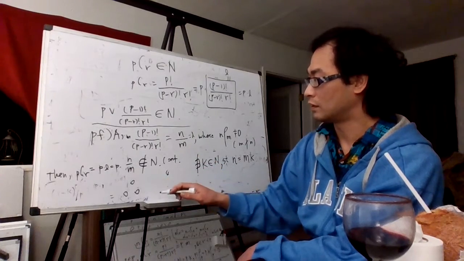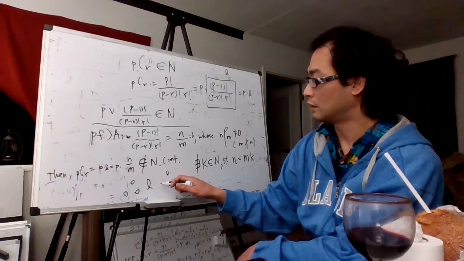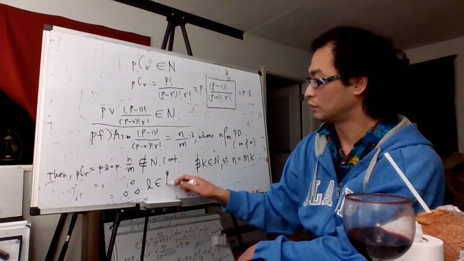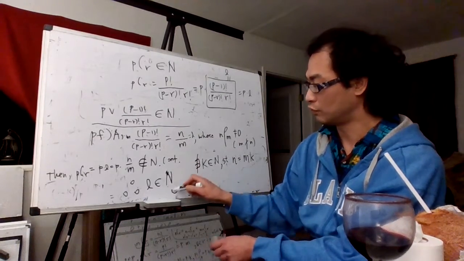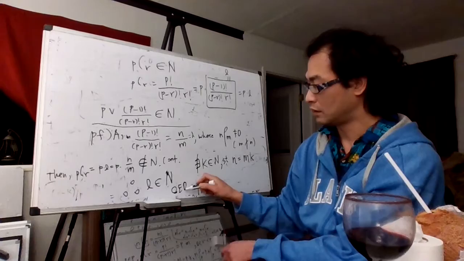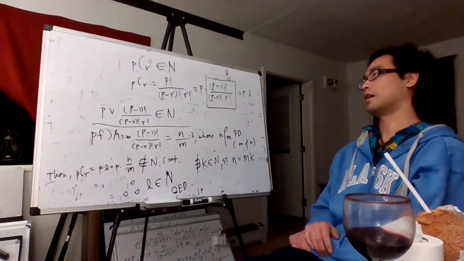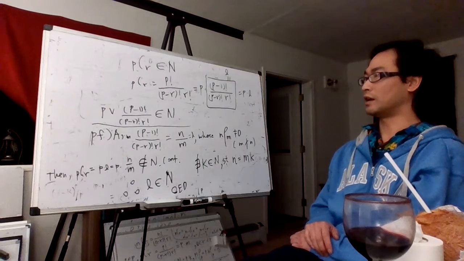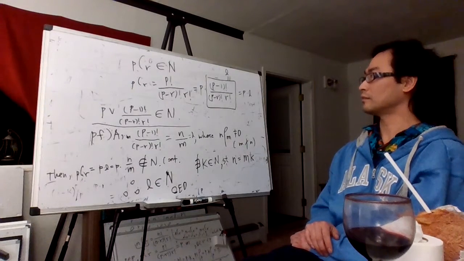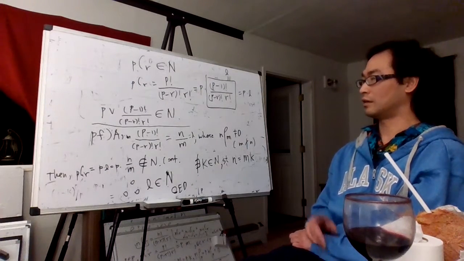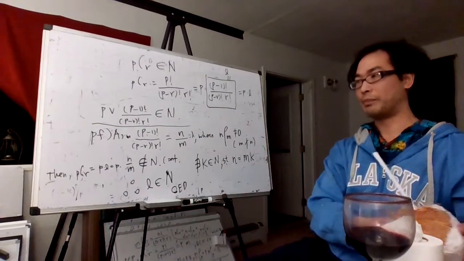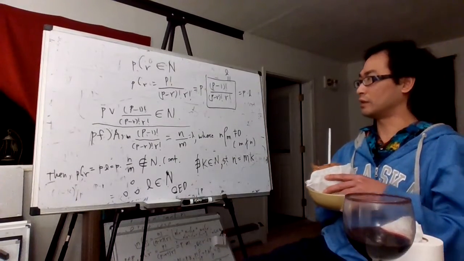Therefore, L has to belong to the natural number set. QED. Woo! We got it. We proved the prime binomial coefficient theorem.